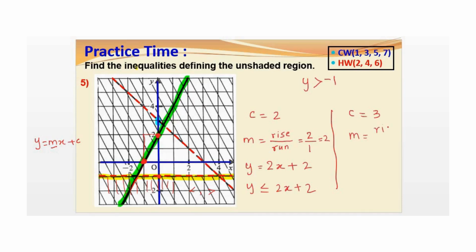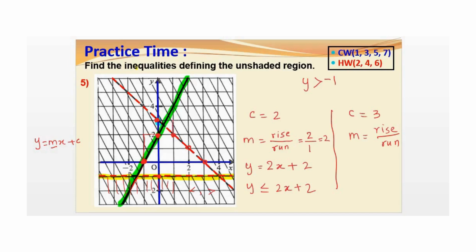How? Rise over run. To find rise over run, usually we go to the x-axis and then to the y-axis, or you can take any 2 points. It's not mandatory to always go to the x-axis and y-axis. You can see it's going from here, from here, from here. So you can go from this point to this point, and that will be much easier.